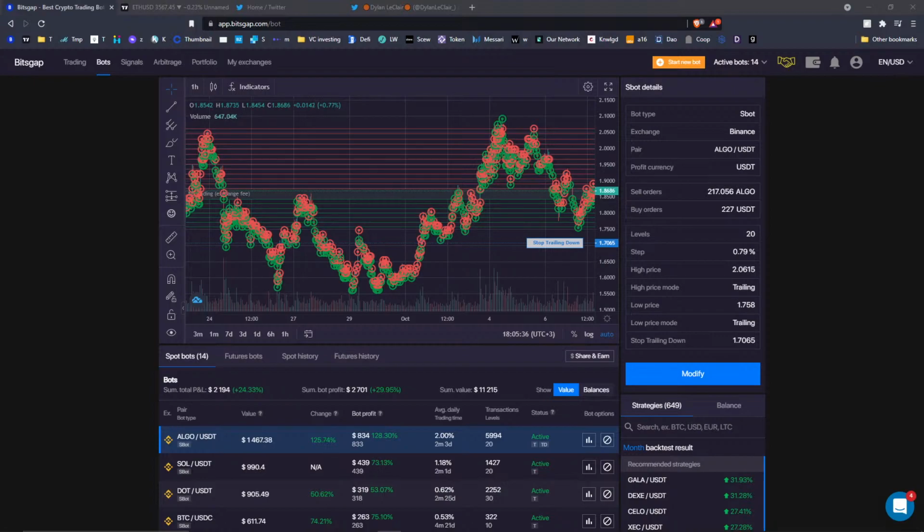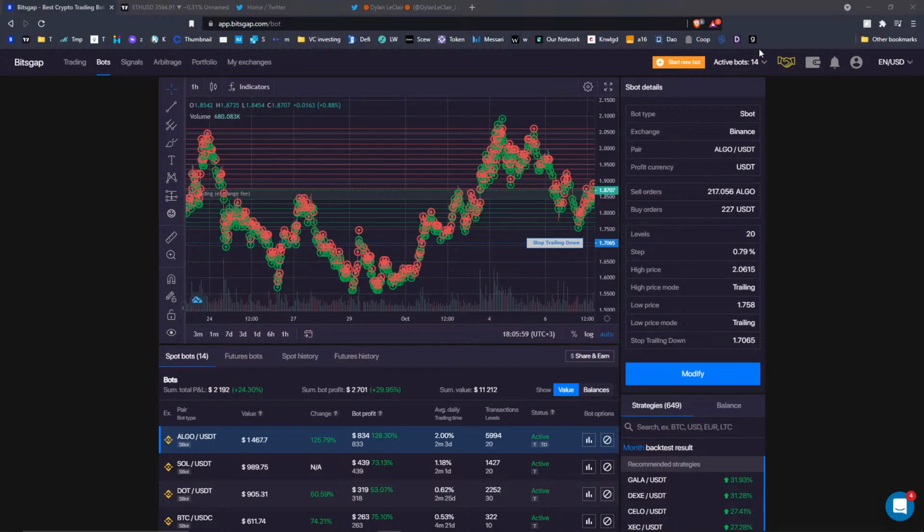So this plan is most suitable if you want to diversify your trading strategy and generate steady passive income. Well, I would say semi-passive income from your investments.